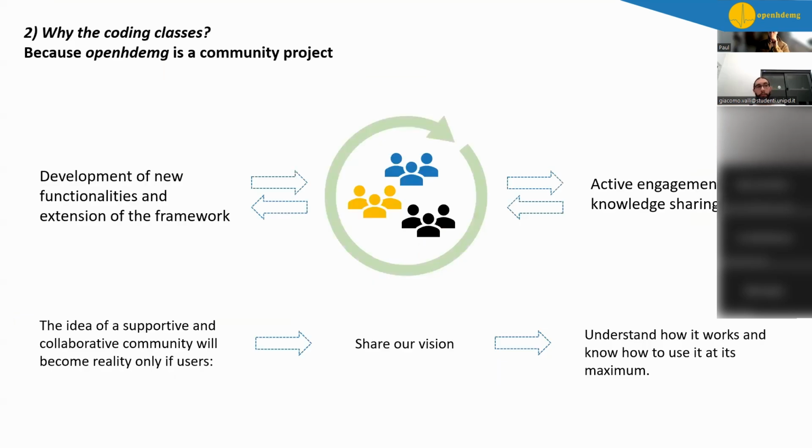So why are we doing the coding classes? This is because the openhdmg project is not the project of a few people, but it's a community project. And there are, of course, the developers that are these people that write the code, develop the functions for you. But then there are the users, and the users are not a passive figure.